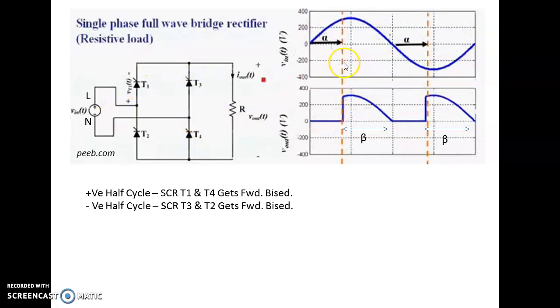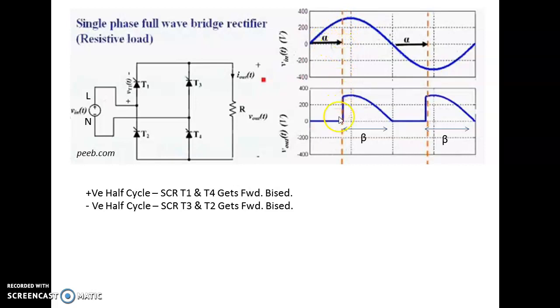Here we can see this is our positive half cycle of duration pi, that is 180 degrees. Here we can say 90 degree phase angle, and approximately here 60 degrees, that is, at omega t equal to 60 we are triggering the two SCRs, and we denote it by alpha, which is nothing but the firing angle.